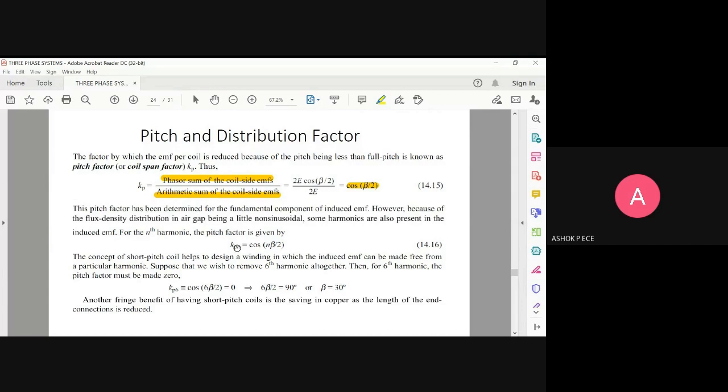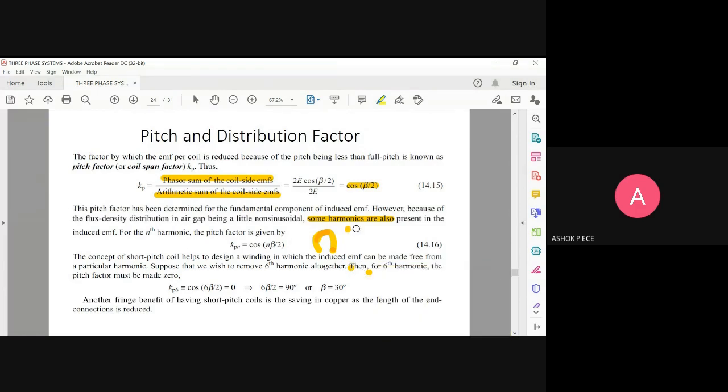If you have a non-sinusoidal distribution, you will have something called harmonics. Harmonic means it is an integer multiple of your frequency. Your frequency is f, right? So harmonic is going to be n into f, the integer multiples of your frequency.